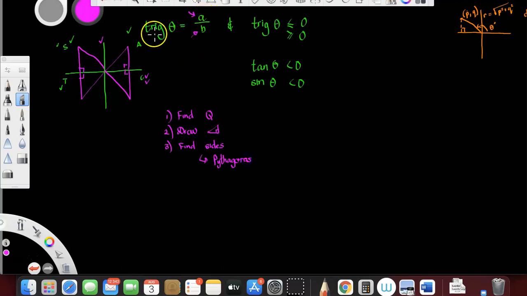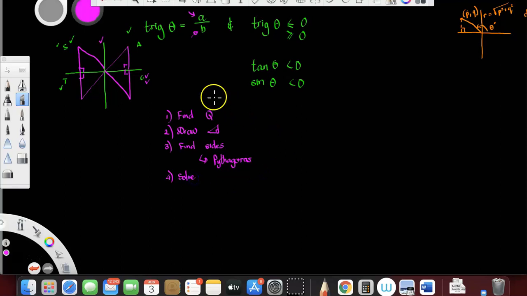If this is a sine, then the value there would be opposite and hypotenuse, and you can find the adjacent using Pythagoras. If this is tan, then this is opposite over adjacent, and you can find the hypotenuse using Pythagoras. That just gives you all three sides. And then the fourth step would just be to solve the question.